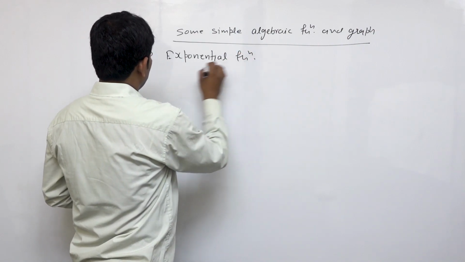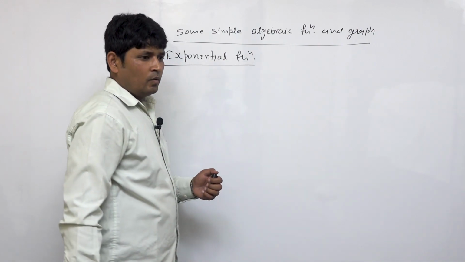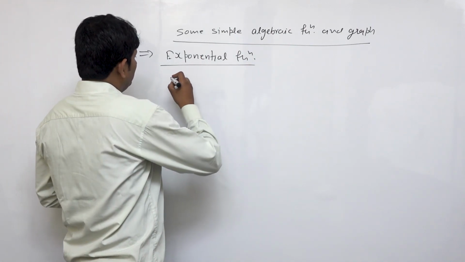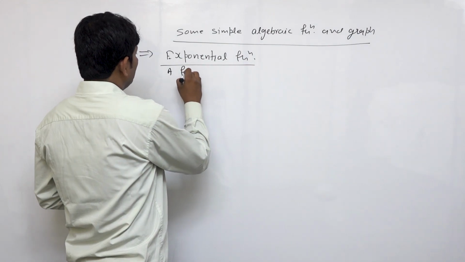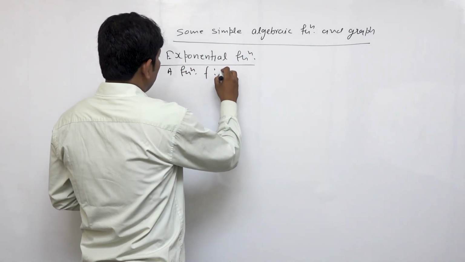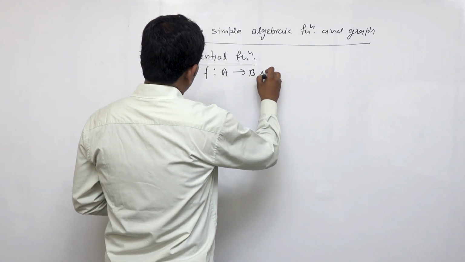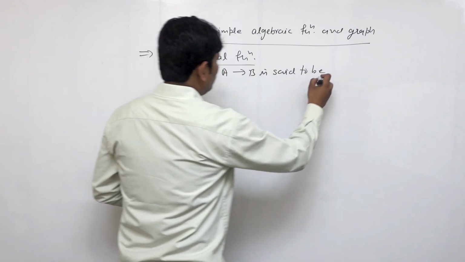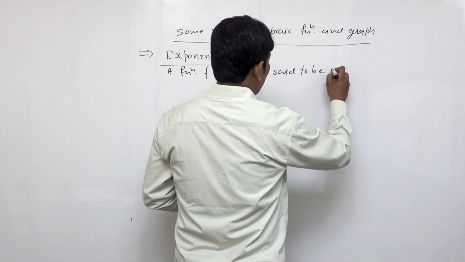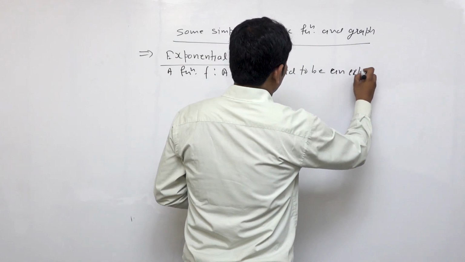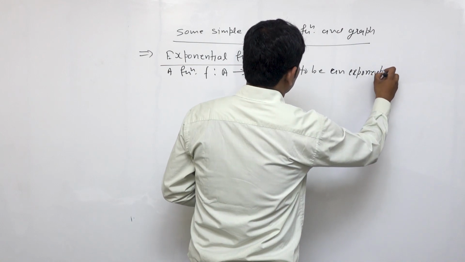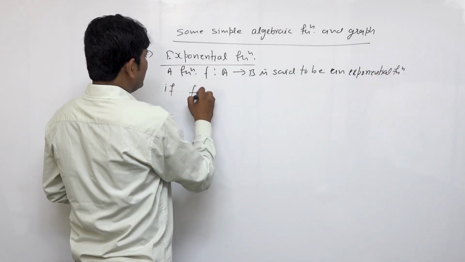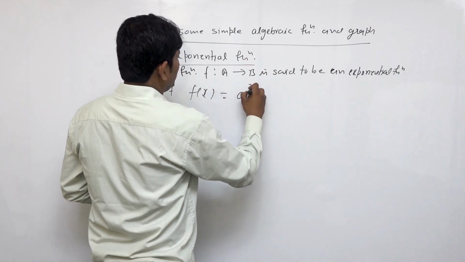What is called an exponential function? You can define it this way also. A function f defined from A to B is said to be an exponential function if f(x) is defined as f(x) = a to the power x.